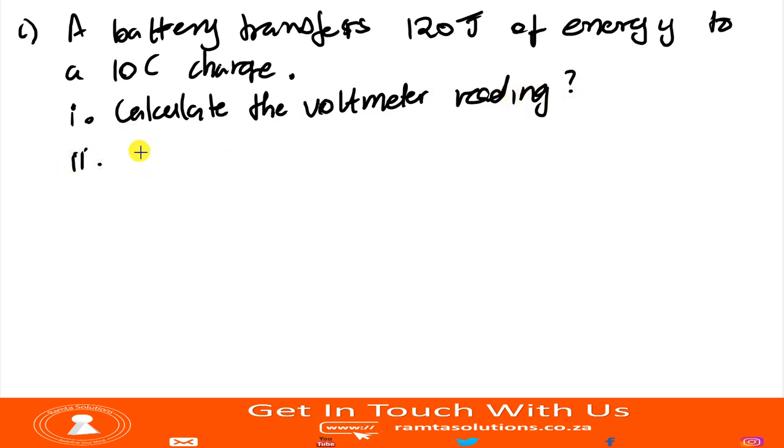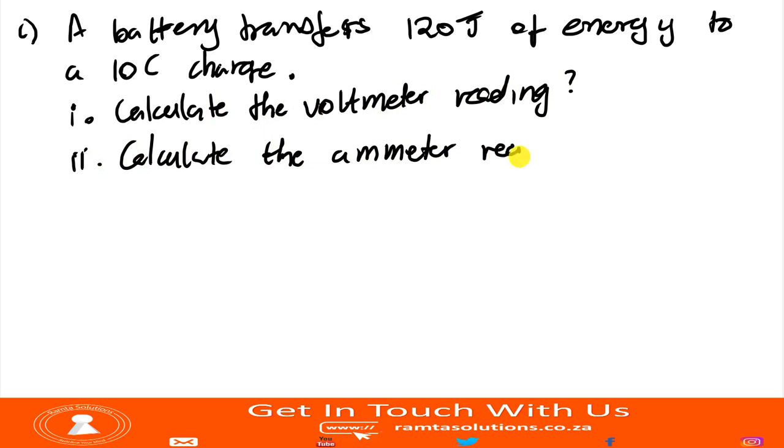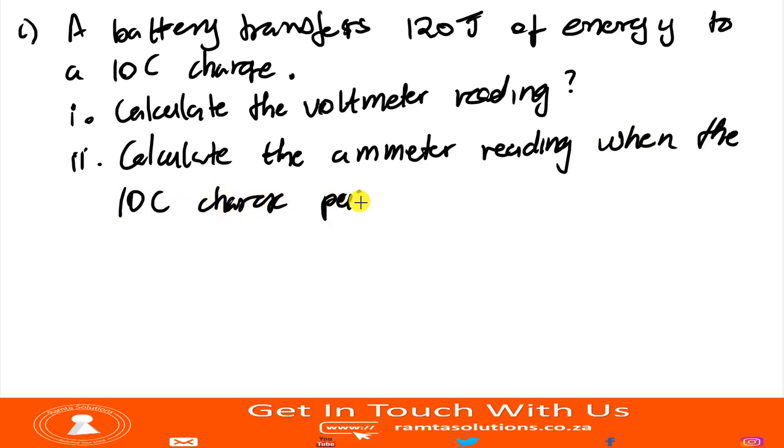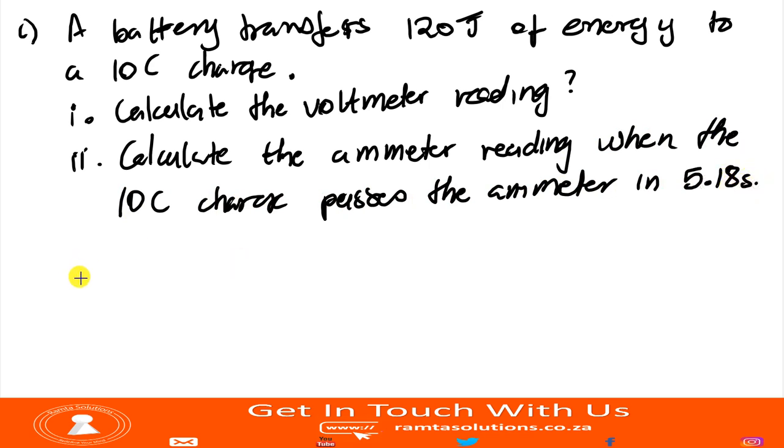Roman figure 2, calculate the ammeter reading when the 10 coulomb charge passes the ammeter in 5.18 seconds. Now, our solutions.